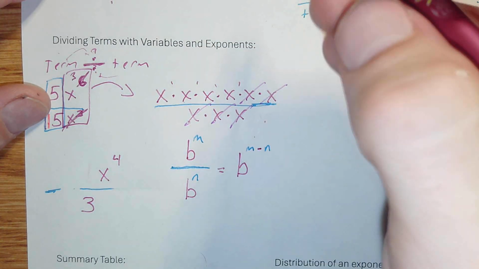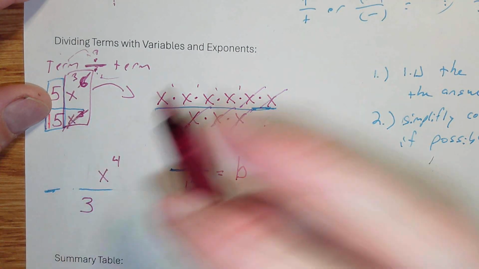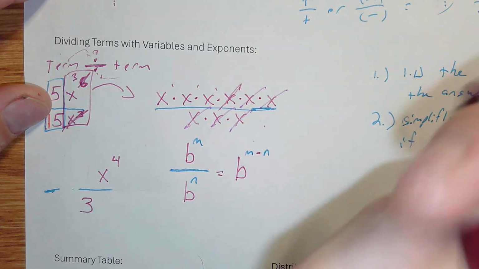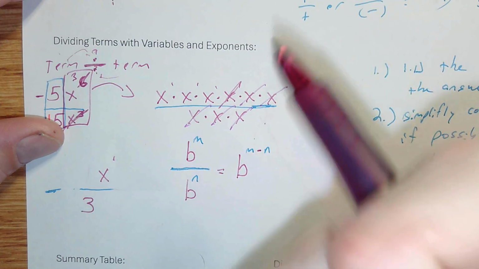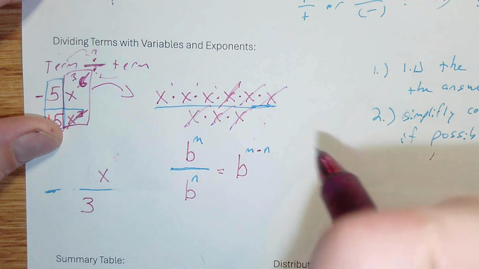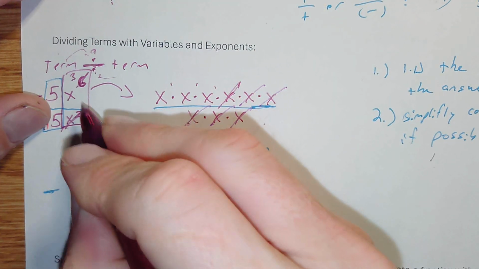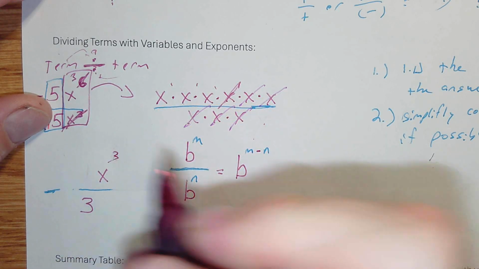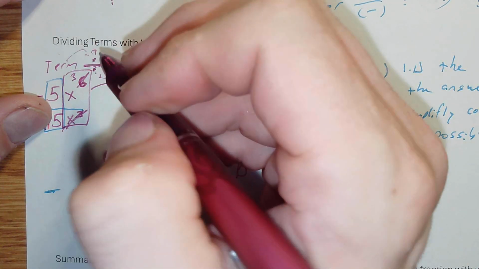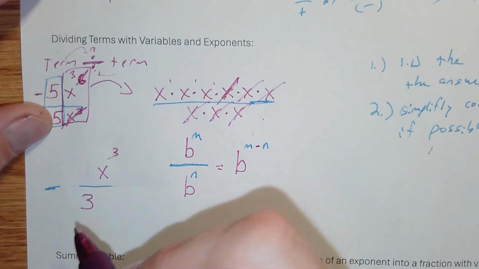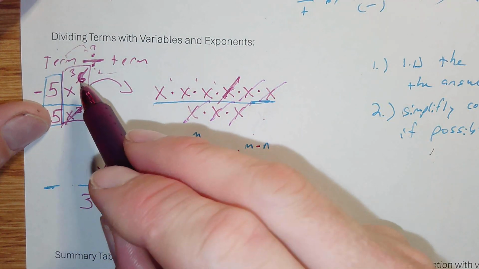I'm sorry. Did I miscount that? 3, 1, 2, 3. Oh, I caught a mistake. That should be 3, because 6 minus 3 is 3, not 4. Anyway, sorry about that. All right, so there's going to be 3 left. So that's another way you can do it.